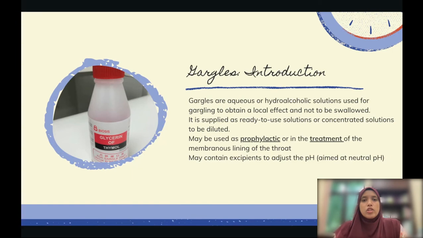Gargles can be either aqueous or hydroalcoholic solutions, meaning they can contain alcohol, or may not contain any alcohol. It depends on the formulation. But remember that this product is for local effect only, usually in concentrated form to be diluted, and can be used either as prophylaxis, meaning prevention of, for example, sore throat, or for the treatment of sore throat.